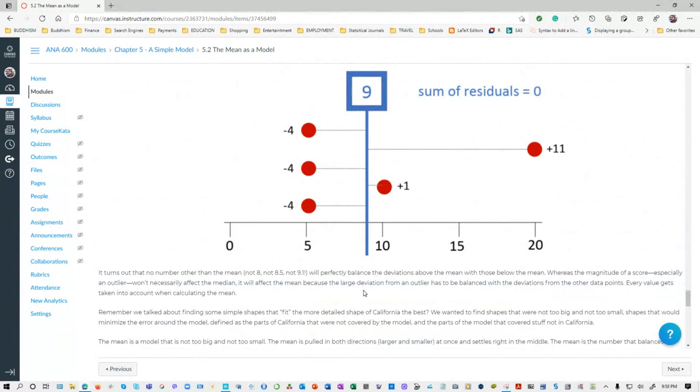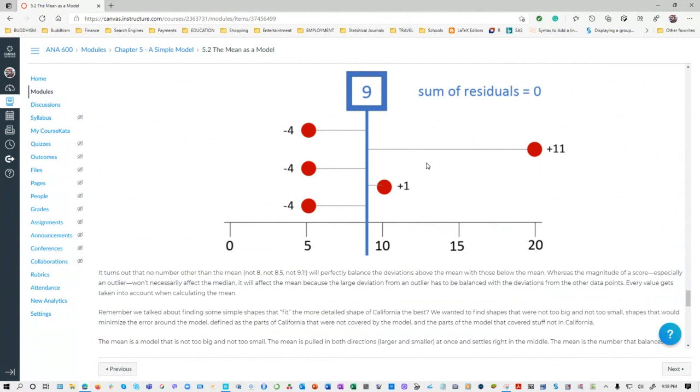Keeping this one, you're going to count how far each point is away from that one. You put together, the deviation will cancel off. See, not the same number, but the same value. The deviation value. There are 3 deviations below the mean. There are 2 deviations above the mean.